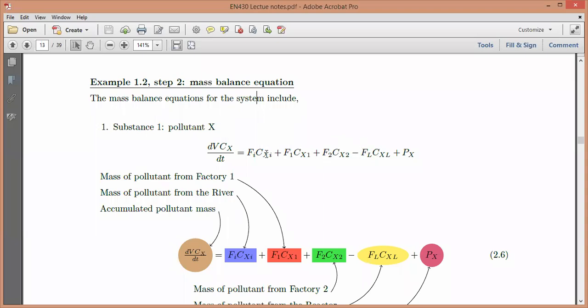So this is a summation of what? Mi. This is summation of Mi minus summation of Mo plus production.